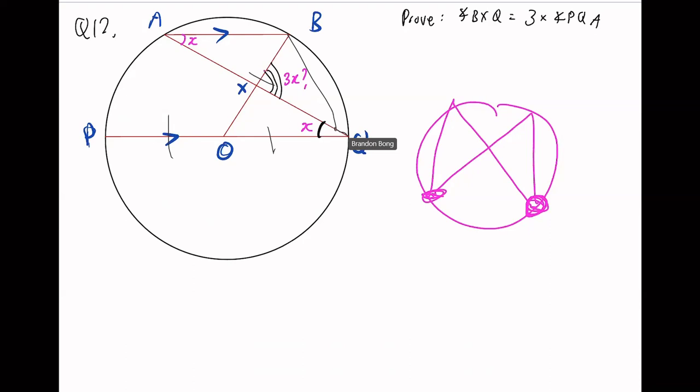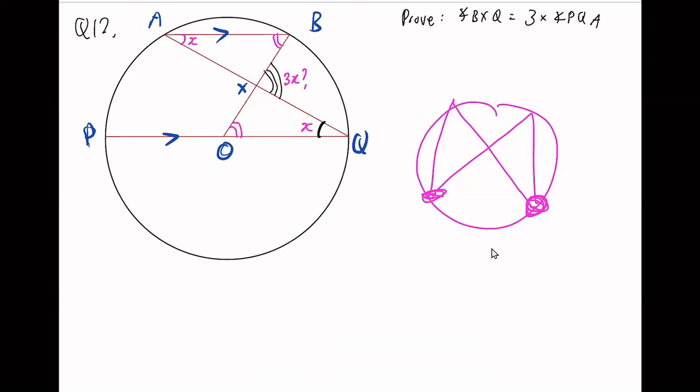No, not useful. You used alternate angles just now, right? Can you use it again? I know that this is equal to this, but it's unknown. Then never mind, just put a notation. Maybe you can put a double.